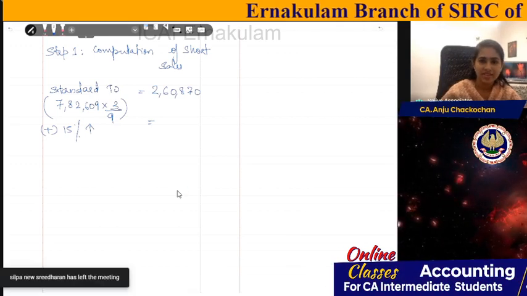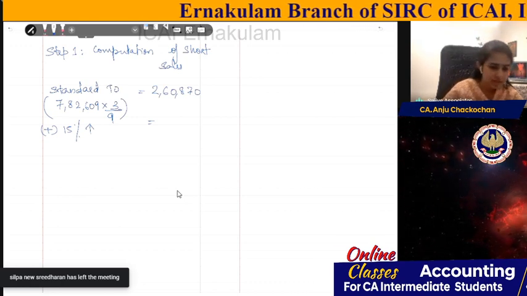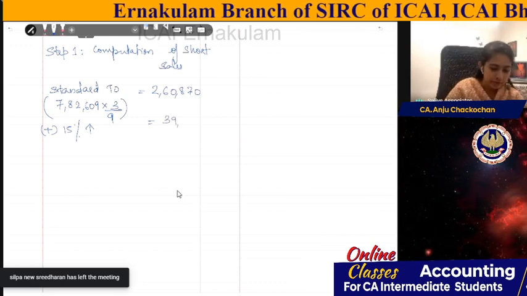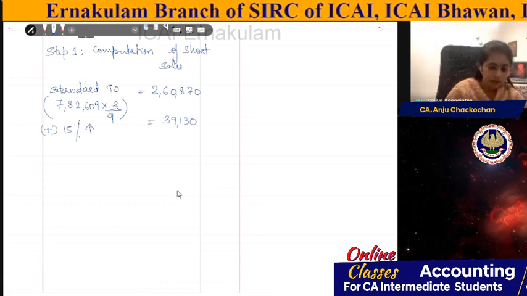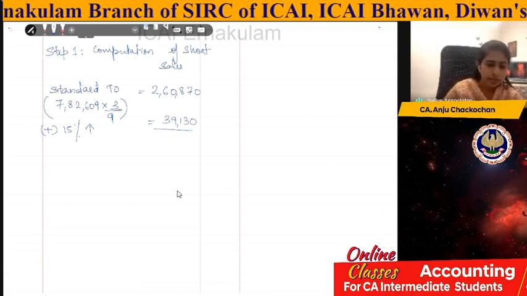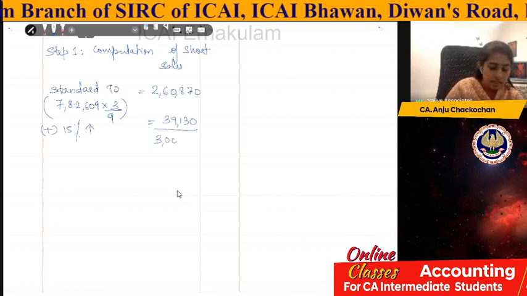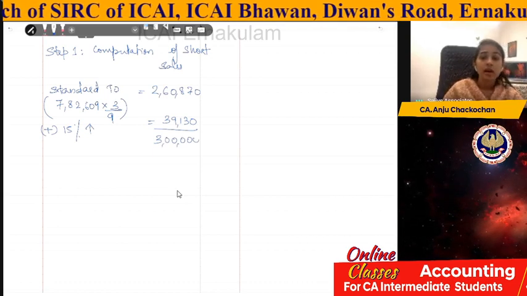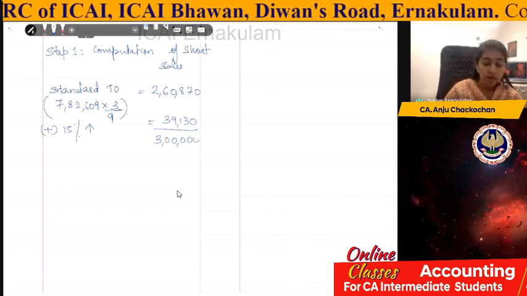Yes, 39,130. Exactly correct, as the increased percentage. So the adjusted standard turnover will be 3 lakh.